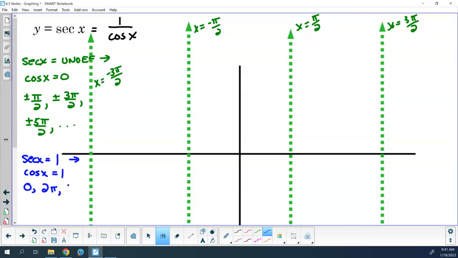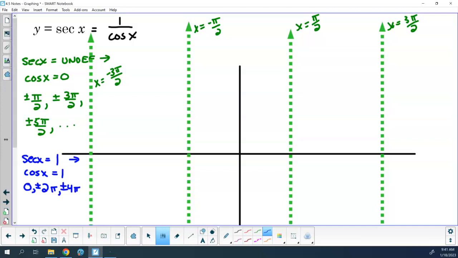When's it next? At 4 pi. Let's go the other way. Backwards. Now, negative. When's it negatively equal to 1 again? Negative 2 pi. Next one. Negative 4 pi. Cosine is only equal to 1 right here. That's the only spot that it's equal to 1.